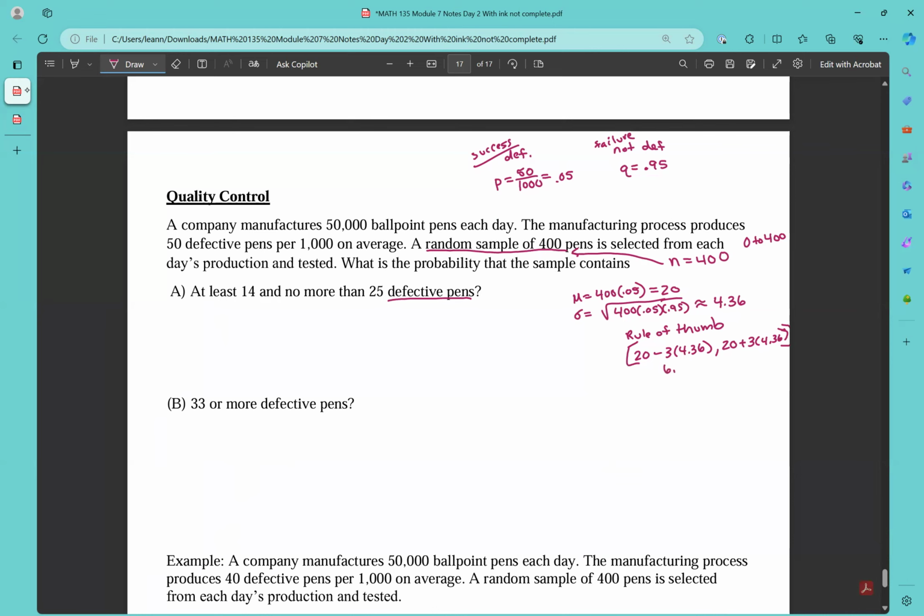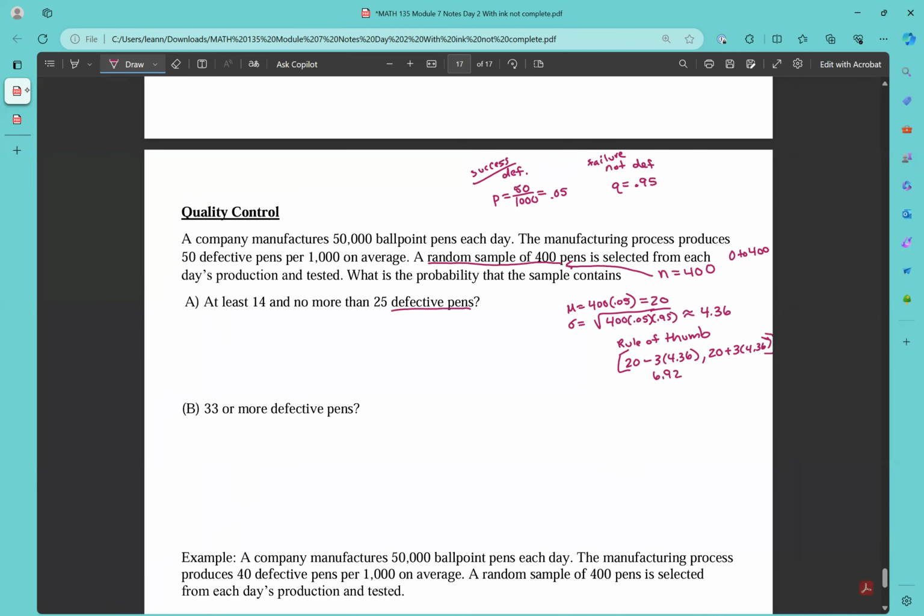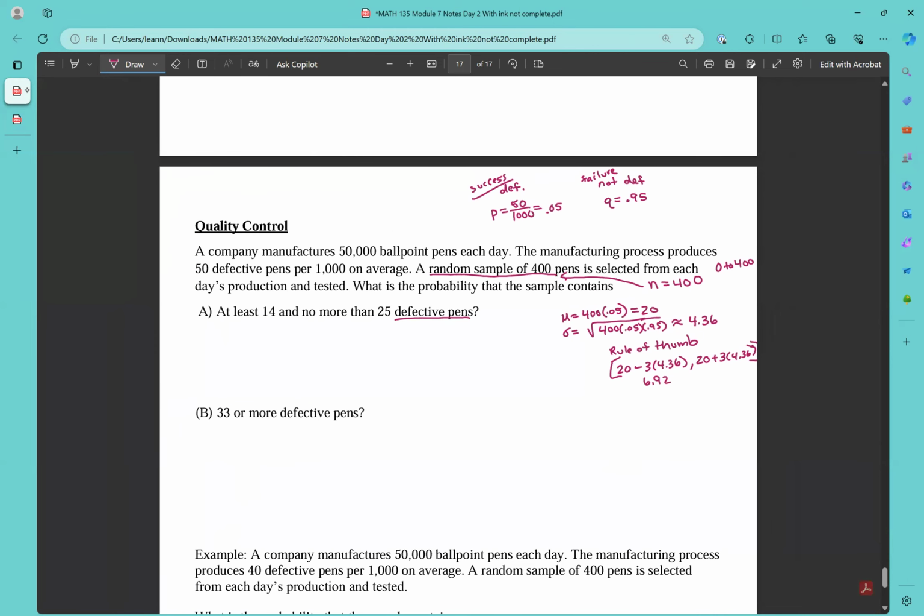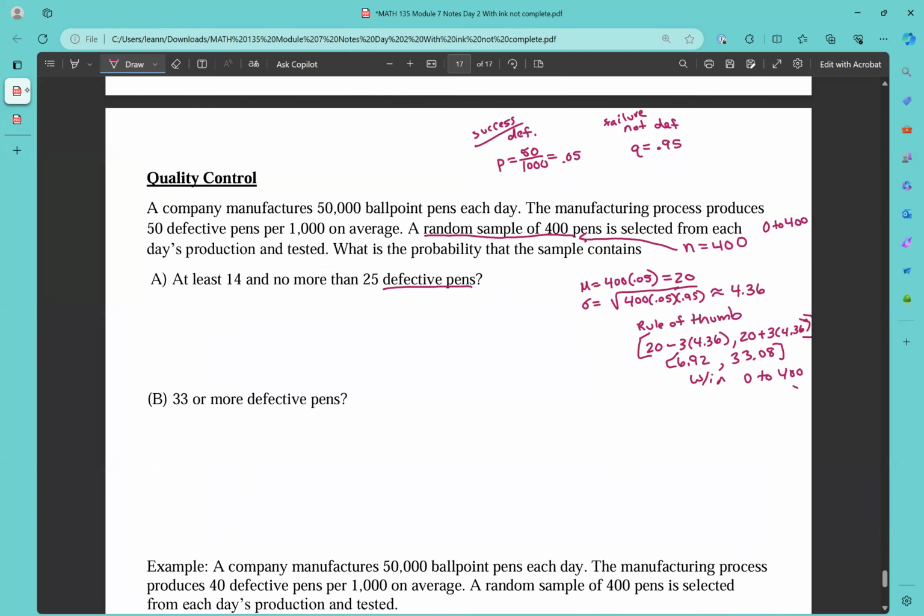The lower one is 6.92, and the upper one is 33.08. So notice this interval is within the 0 to 400 range. Okay, so that's the rule of thumb. That's how I know I'm allowed to use the normal distribution.